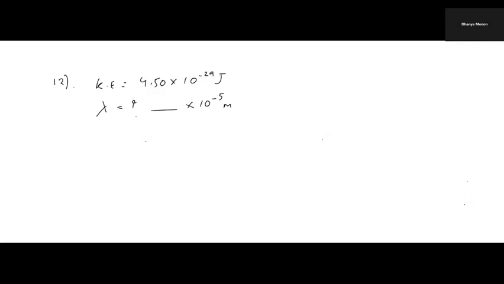Now, students, you already know the value of wavelength is h by root of 2mKE. This is the relation between lambda and kinetic energy. Okay, we have done the derivation in one of the videos. So we substitute the value.